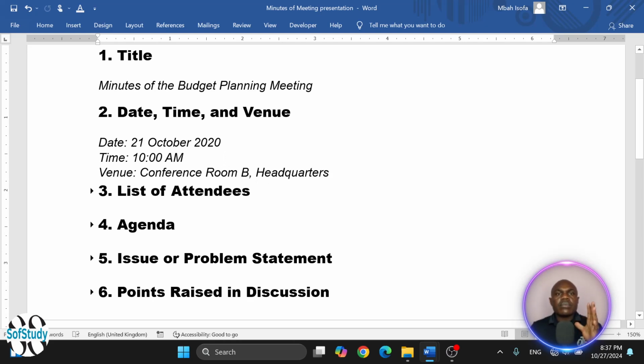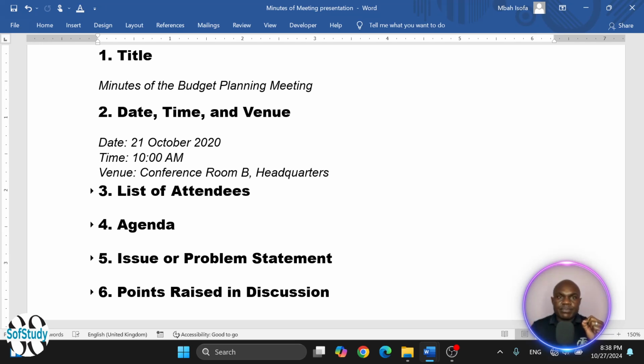Then, the list of attendees. We need to include the names and titles of attendees. But for large meetings, the list can be included in an appendix or an annex. But we should prioritize key personnel in the minutes. We can include 1 or 2 people.